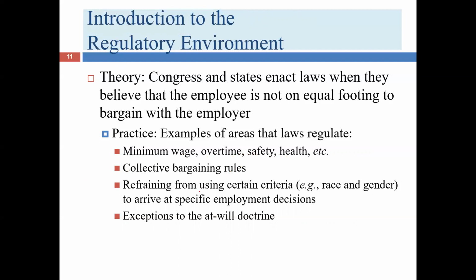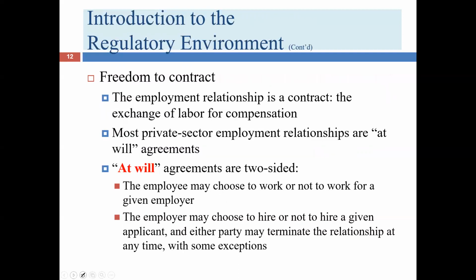And then we have certain prohibitions in terms of employment discrimination. We have certain categories of characteristics that employers are prohibited from considering when they make employment decisions. And then we have some exceptions to the at-will employment doctrine. We haven't talked about that yet, so I'm not going to get ahead of myself and talk too much about that.